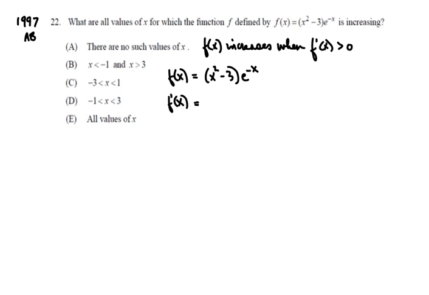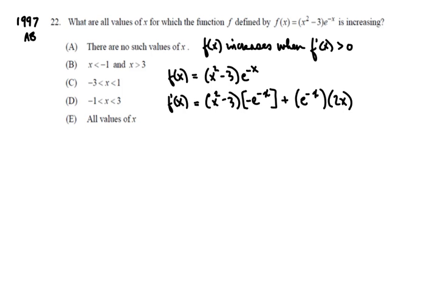So it's 1 d2, and the derivative of e to the negative x: the derivative of e to the whatever is e to the whatever times the derivative of whatever. Well, the derivative of negative x is negative 1, so that will give us negative e to the negative x. So it's 1d2 plus 2d1, and the derivative of x squared minus 3 is simply 2x.